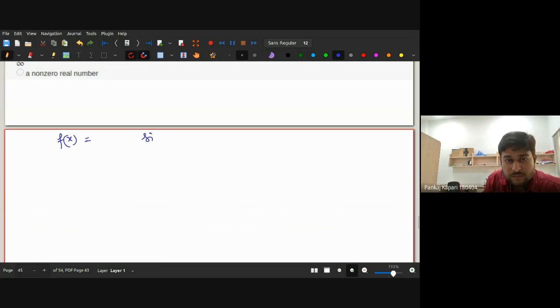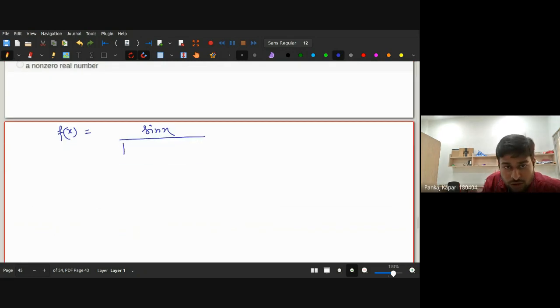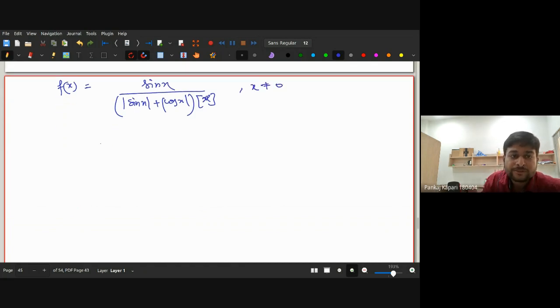This is sine x divided by the modulus of sine x plus modulus of cos x, into the box of x, and we assume that x is non-zero. What we have to do is find the limit of this function f(x) when x goes to infinity.